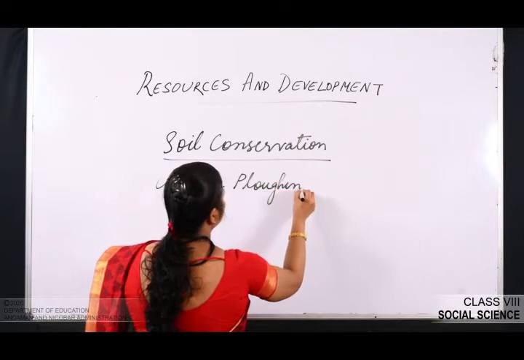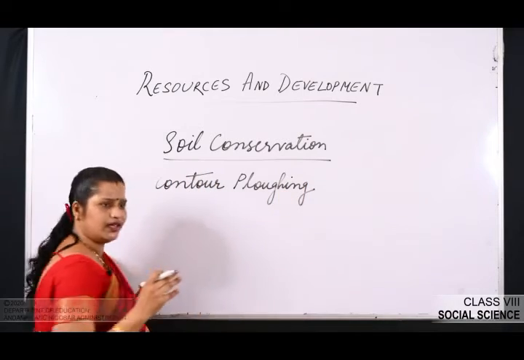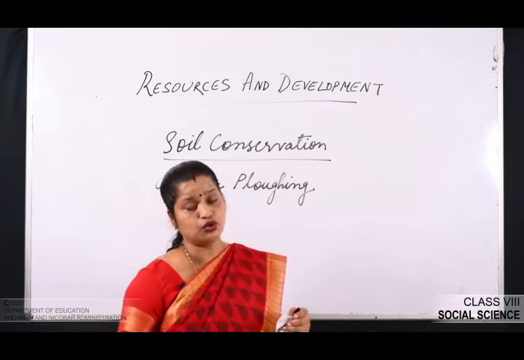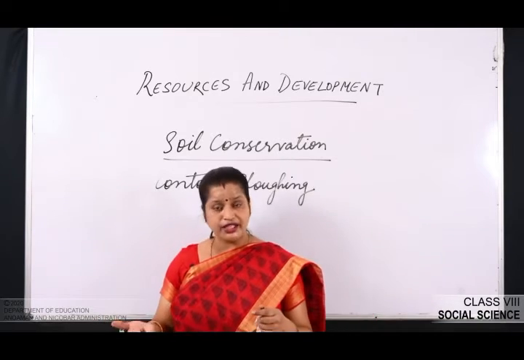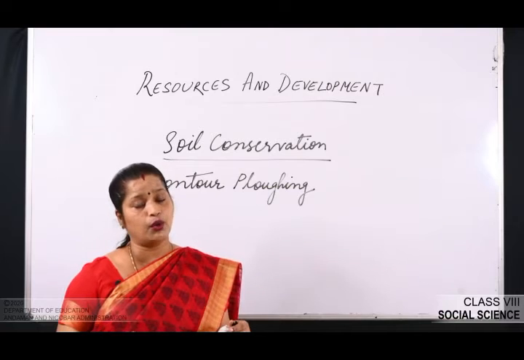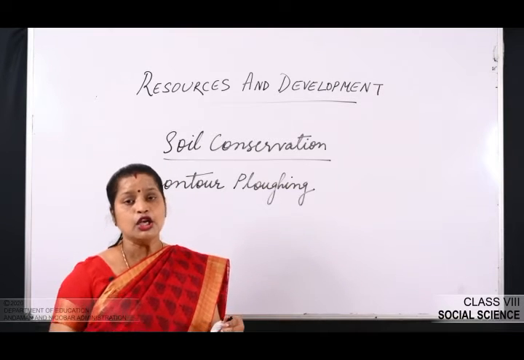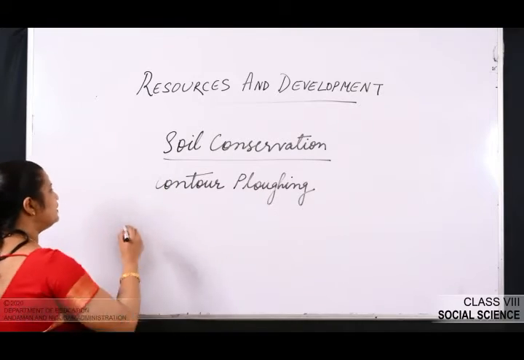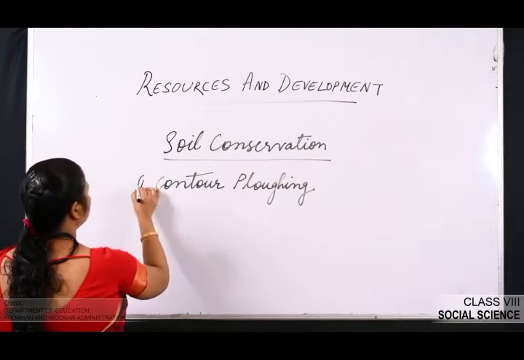As I told you, there are many reasons for soil erosion, isn't it? I told you how the wind plays a role, how the wrong practice of farming can also lead to soil erosion, and even water plays a significant role in that. So let's see how we can conserve the soil. The first step for this is contour ploughing.